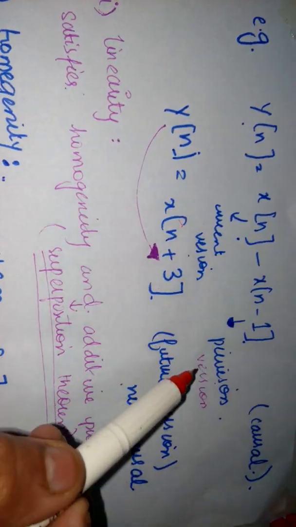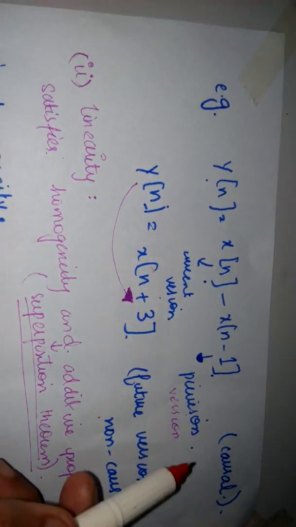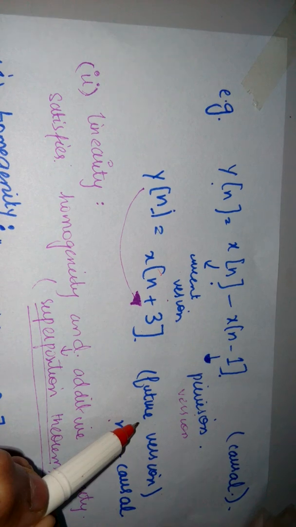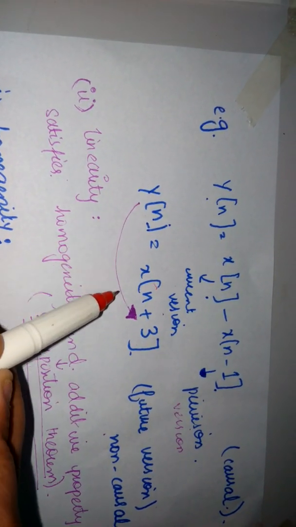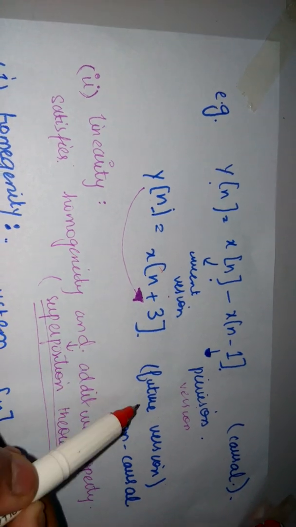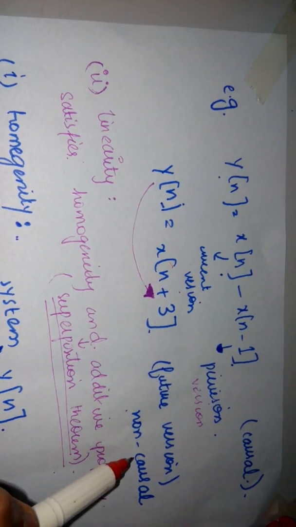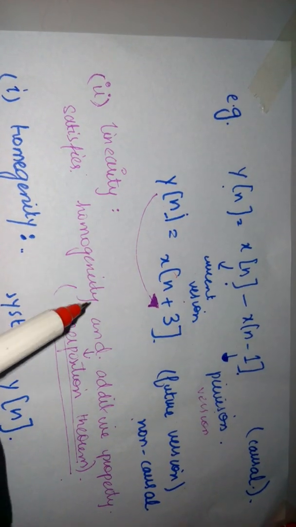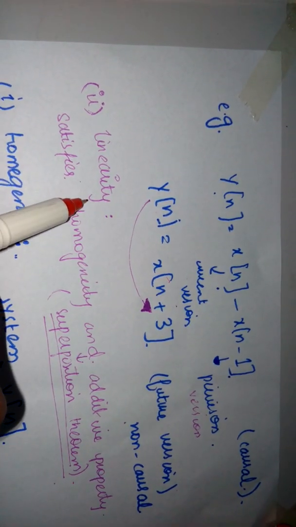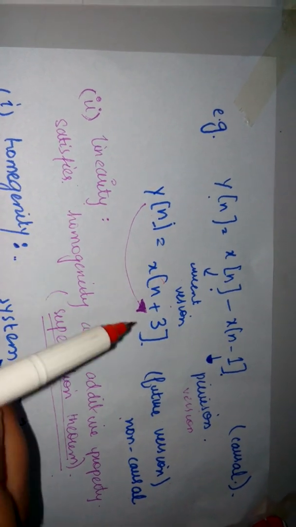So, this system is causal. Next example is about a non-causal system, which is a system whose output depends on the future version; that is called non-causal.